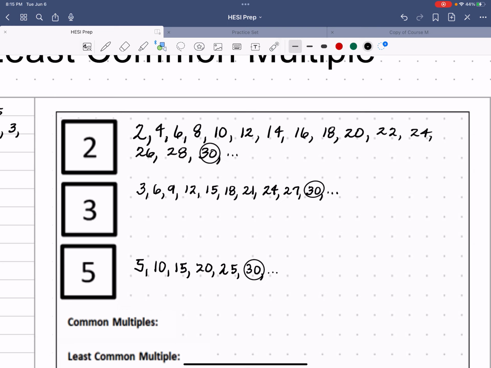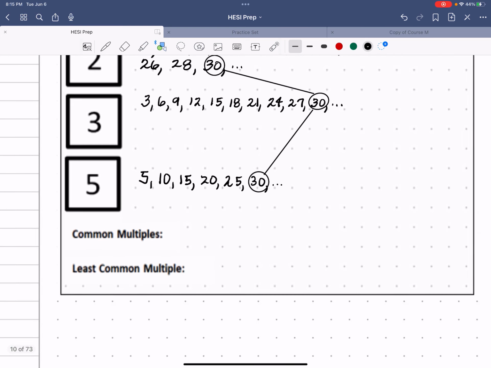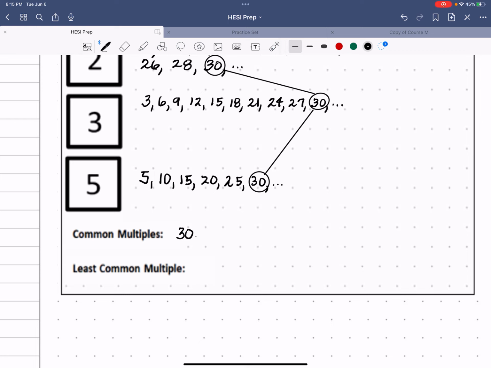Now there are others. This is by no means the only one. To give you an example, we know that 30 is a multiple. If we let those lists keep running, we would eventually get to 60. 90 is a common multiple, and that list goes on.